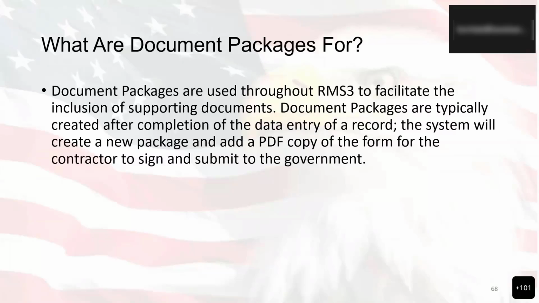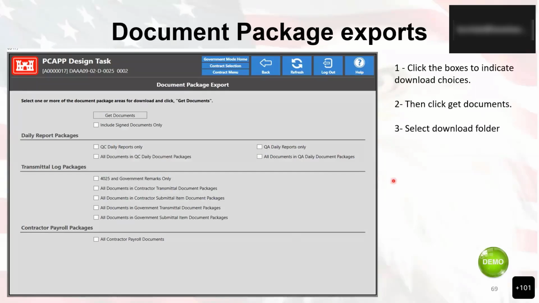Document packages are typically created after completion of the data entry of a record. The system will create a new package and add a PDF copy of the form for the contractor to sign and submit to the government. So essentially, you'll create that particular document, click on the boxes to navigate, download the choices, then click Get Documents, and then you can select Download Folder.